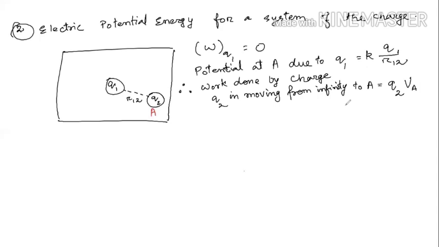So that is my second work done. You can write it as W2 or W bracket Q2. If you replace your VA value, which is K Q1 by R12, then W Q2 will have a value K Q1 Q2 by R12. So this is the work done.